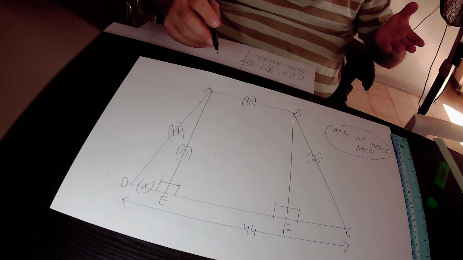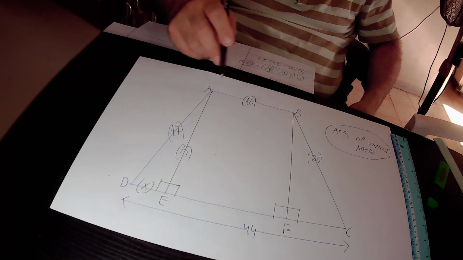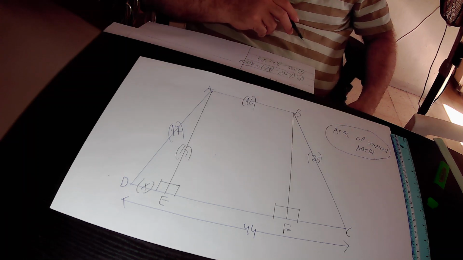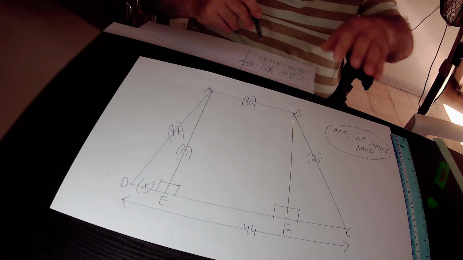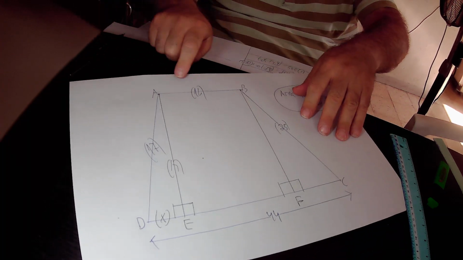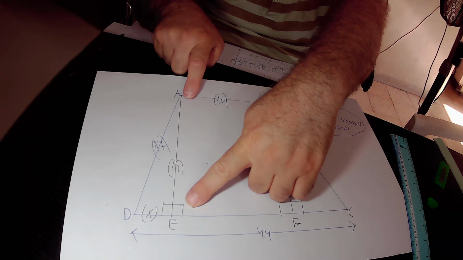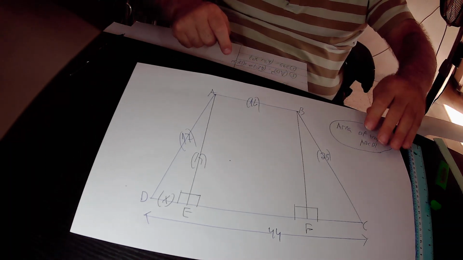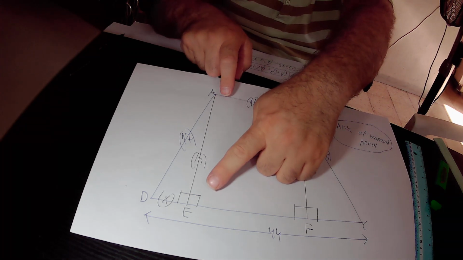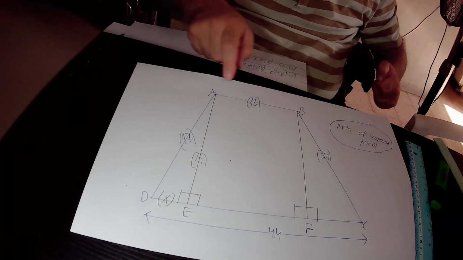Actually, we know that ABCD is a trapezoid, and therefore side AB is parallel to side DC. Those two angles are both located between the parallel lines AB and DC, and therefore they are both defined as interior angles.